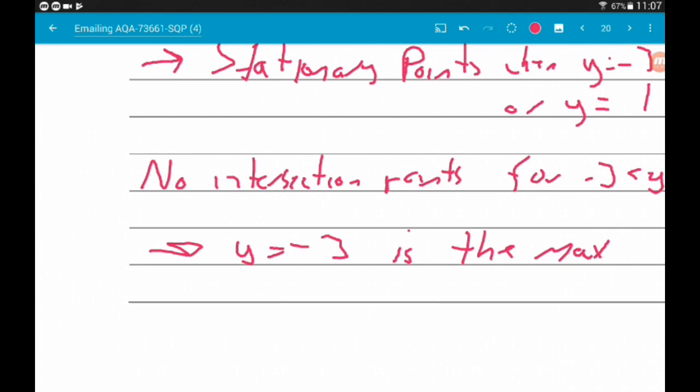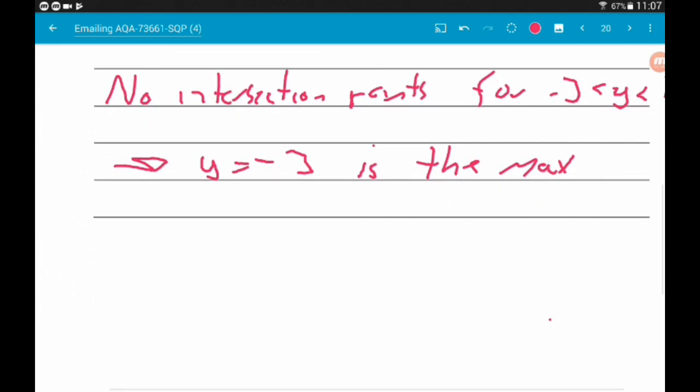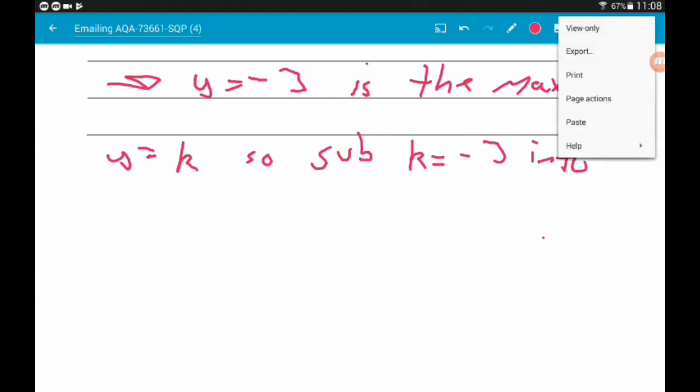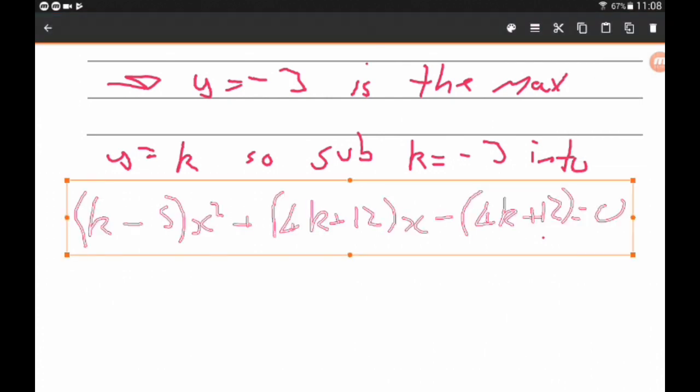That's the equation of the horizontal line. So we know that y is equal to k, so we're going to sub k equals -3 into this guy.